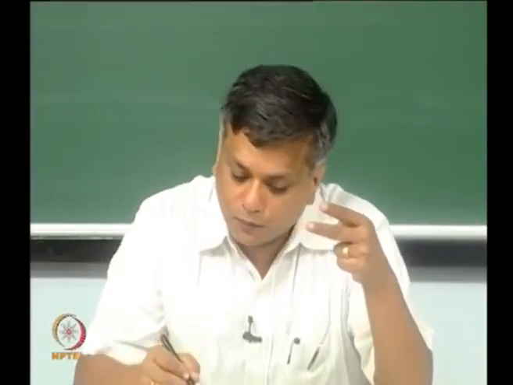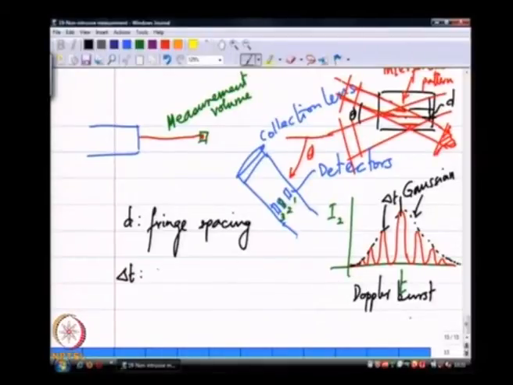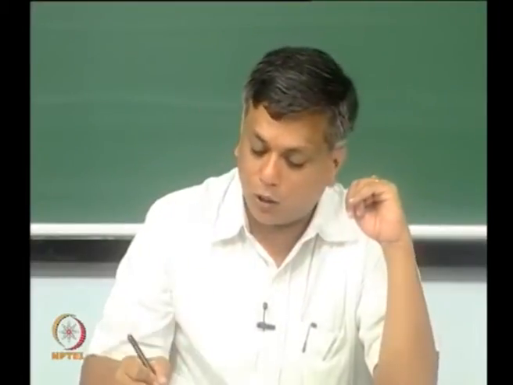So, if I know the fringe spacing d and the spacing between the peaks in time, we are able to estimate the velocity of that particle.